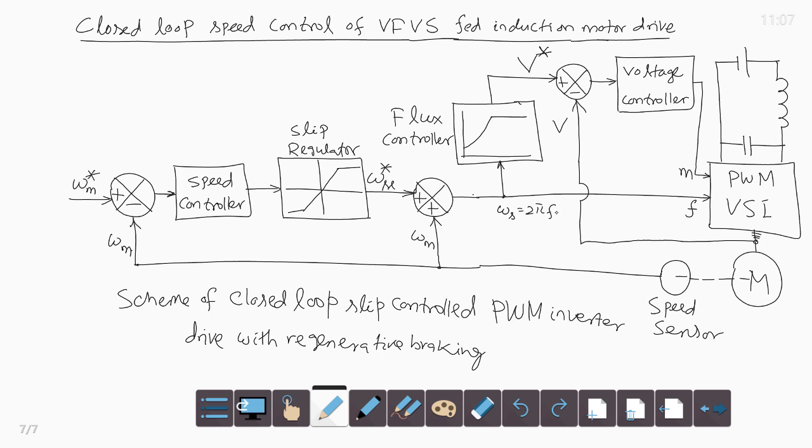So, the frequency command for the VSI is obtained from here directly, and the voltage command is obtained by converting from omega s to V star by the flux controller block, which adopts the constant V by F control strategy to generate the command voltage V star. Then actual motor voltage is taken as feedback through a voltage sensor and compared with the reference voltage V star, and the error is processed through a voltage controller that decides the modulation index M for the PWM VSI.